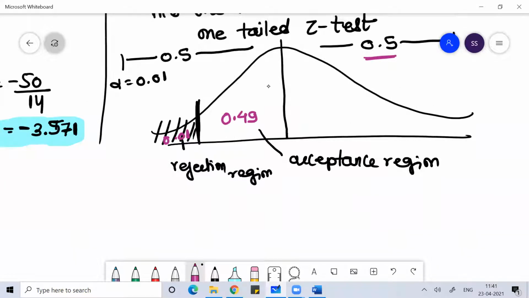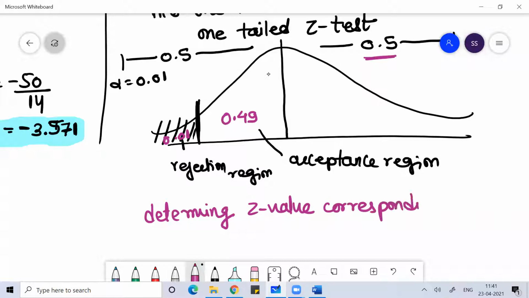Now what you need to do is determine the z value corresponding to the area of 0.49 in the normal distribution curve. I'll ask the examiner for the normal distribution table, and I'll look for an area of 0.49.